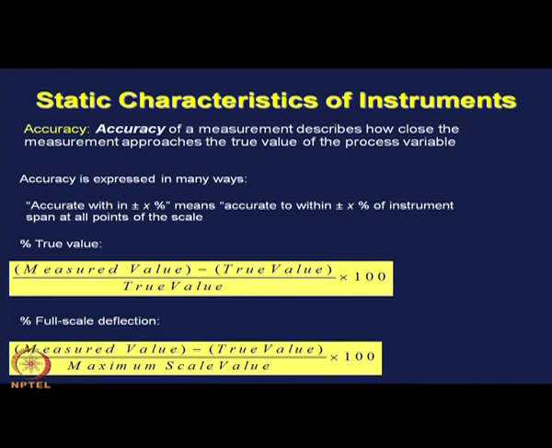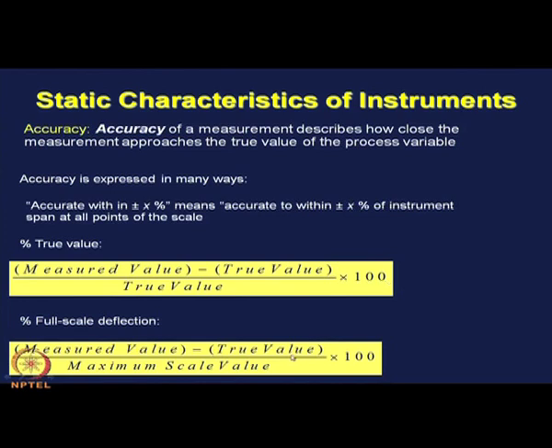Accurate within plus minus x% means accurate to within plus minus x% of instrument span at all points of the scale. Accuracy can also be expressed in terms of percentage true value, which is measured value minus true value divided by true value multiplied by 100.